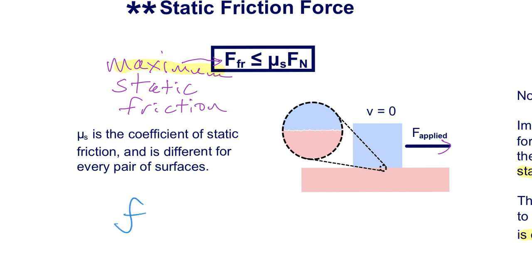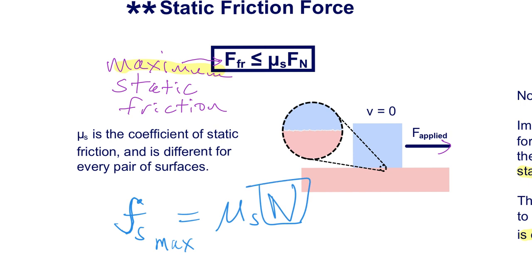Now, the coefficient of static friction is the maximum coefficient of static. I'm sorry, let me say it again. The maximum static friction is equal to the coefficient of static friction times the normal force.